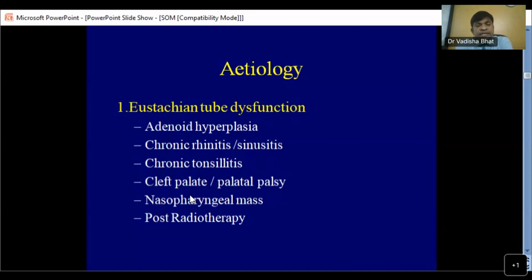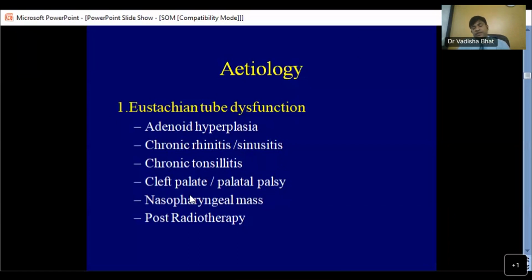So, one of the dictums is, if a middle-aged person presents with serous otitis media, then we have to perform a diagnostic nasal endoscopy to examine the nasopharynx, and the presence of a nasopharyngeal mass needs to be ruled out.